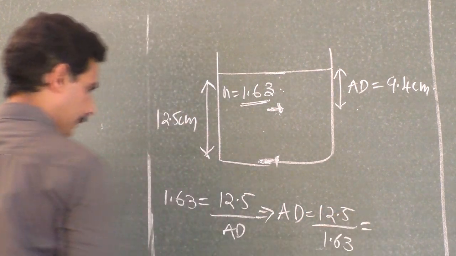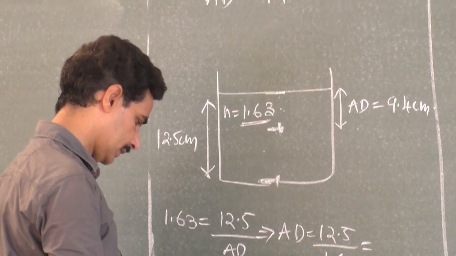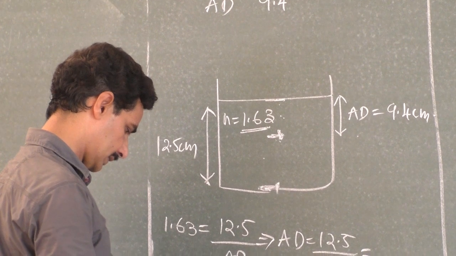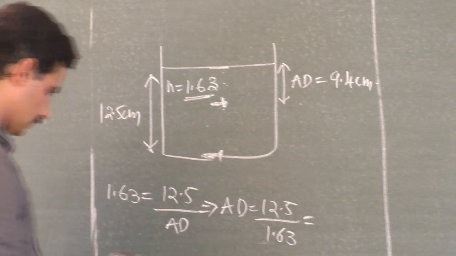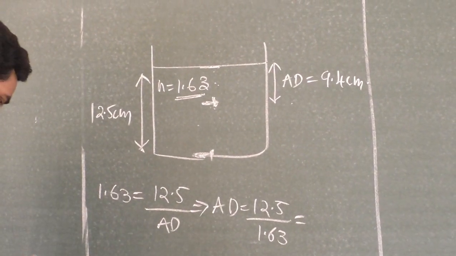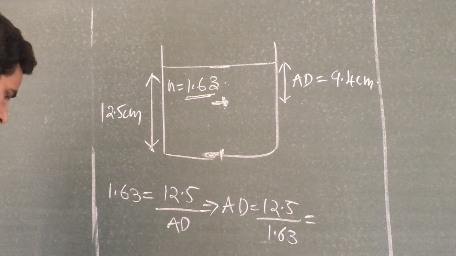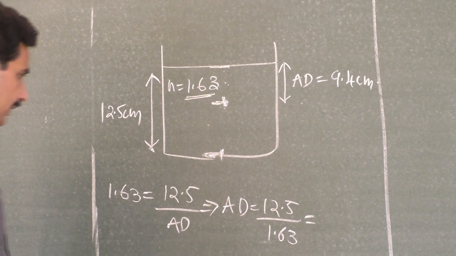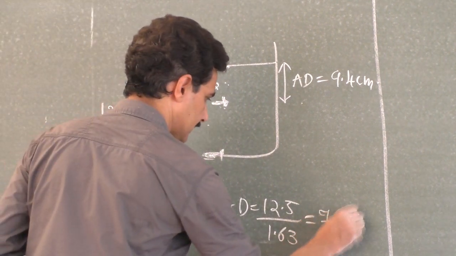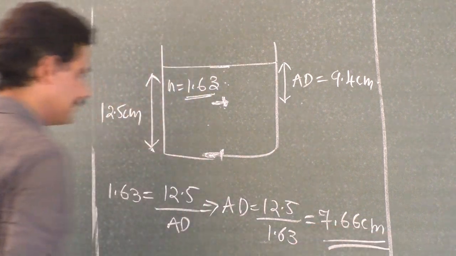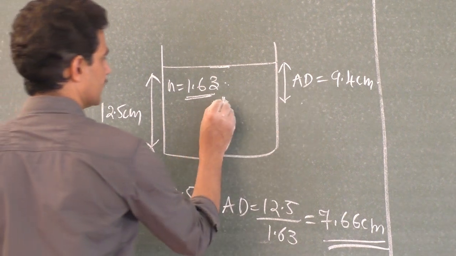That is equal to 12.5 divided by 1.63. It is 7.66 centimeters. This is the new apparent depth. So shall I indicate it here? It is a little bit lesser than this.